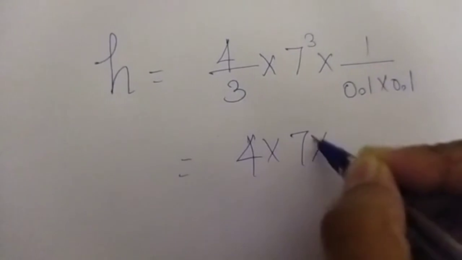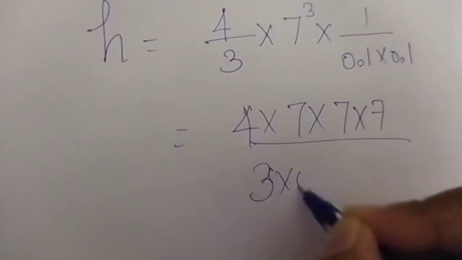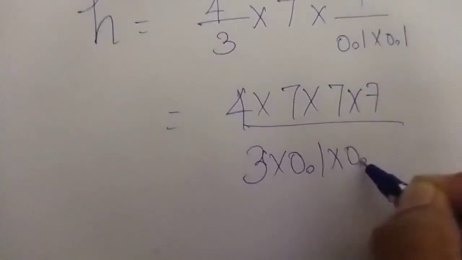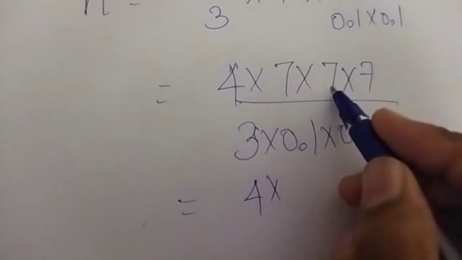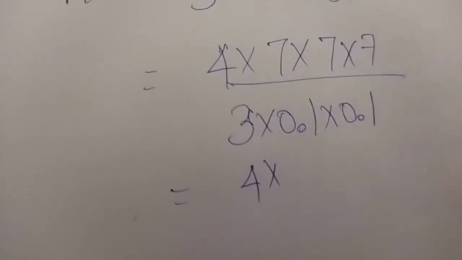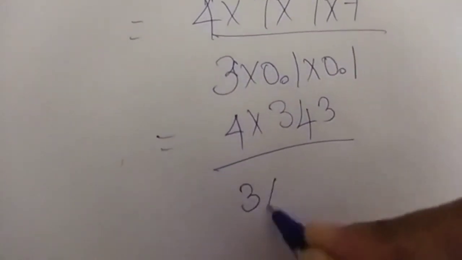That is 4 into 7 into 7 into 7 divided by 3 into 0.1 into 0.1. 4 sevens are 28, no, 7 sevens are 49. 49 into 7, 343, divided by 3 into 0.01.